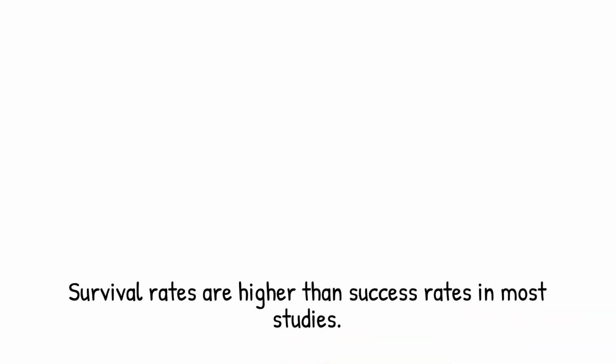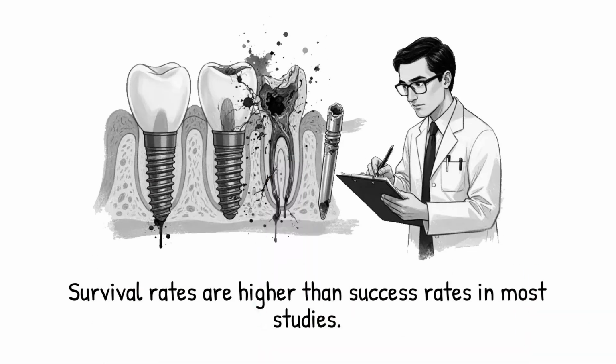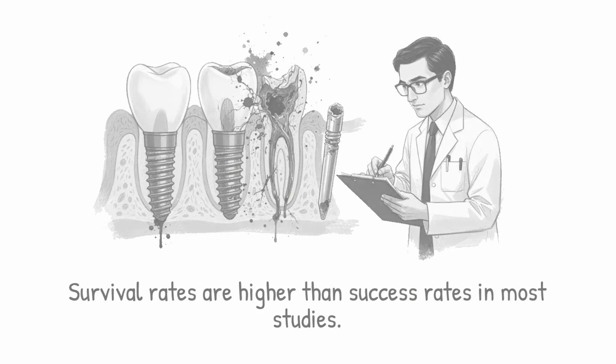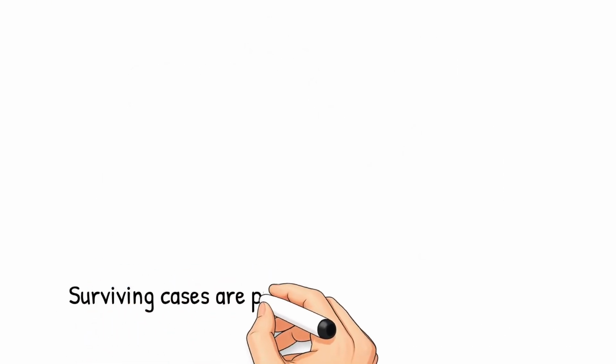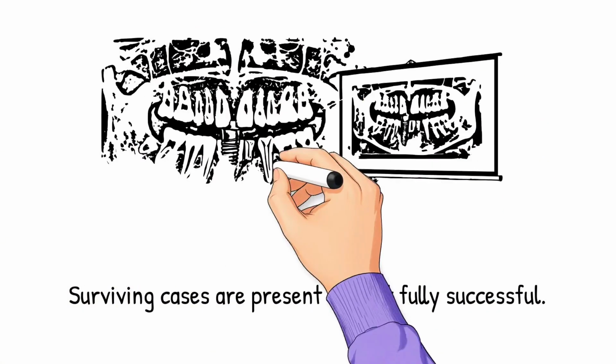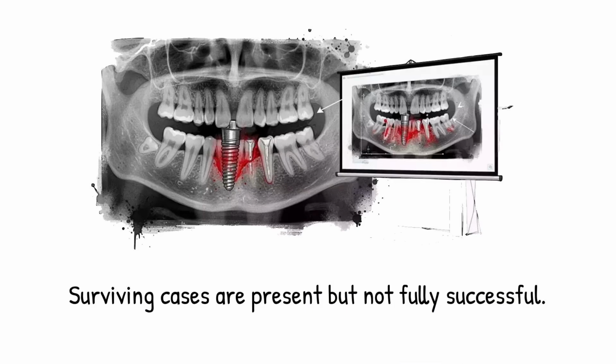A failure means the intervention is no longer functioning or is no longer present. The implant was removed, the graft was lost. The treatment did not achieve its basic purpose. A surviving case means the intervention is still present, but it does not fully meet the criteria for success. The implant is still in the mouth, but it may have bone loss, infection, complications, or may have required additional treatment.